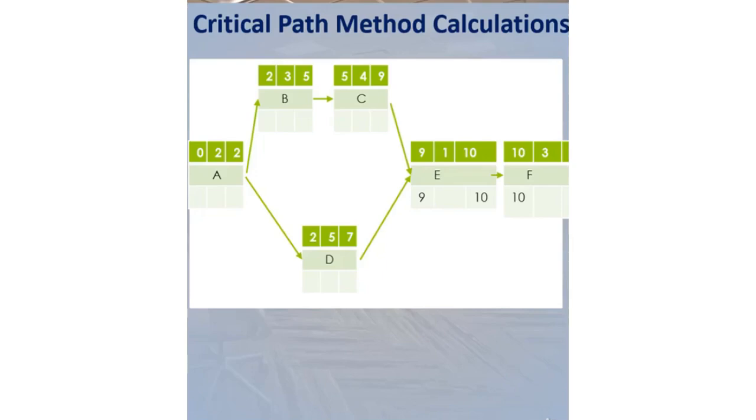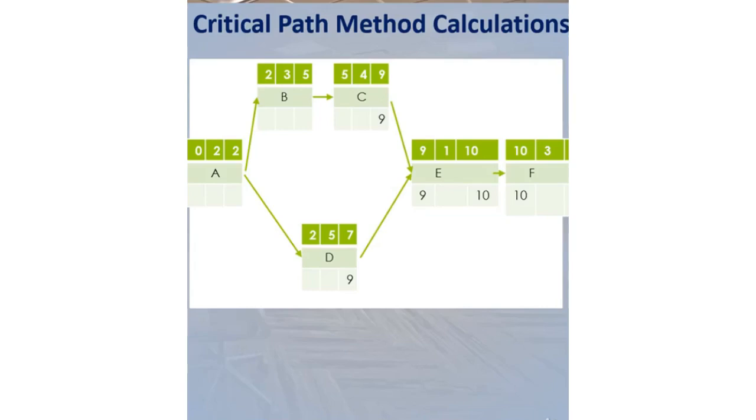This value is also equal to the LF value of both C and D. We will do similar calculations for tasks C, D, and B. Now, we will find the LF value of A. But which value should we select? LS value of B, which is 2, or LS value of D, which is 4.